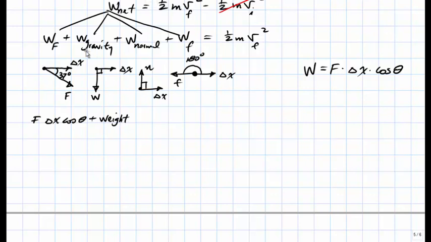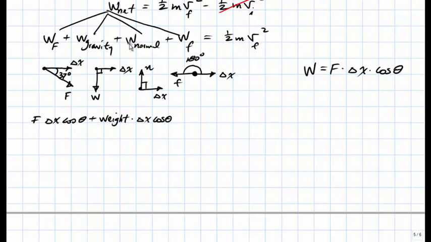So again, the work done by gravity requires a force, which in this case equals the weight, times the displacement, times the cosine of the angle between the weight and the displacement. Now, as we noted earlier, the angle between the weight and the displacement is 90, and you can try this on your calculators. The cosine of 90 equals 0, so this entire term will just disappear.